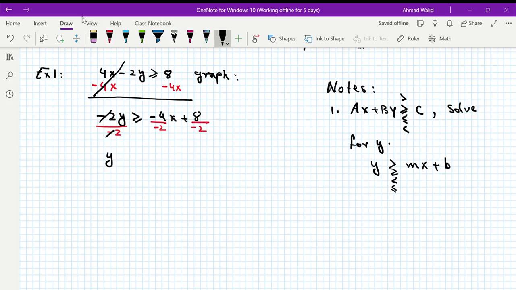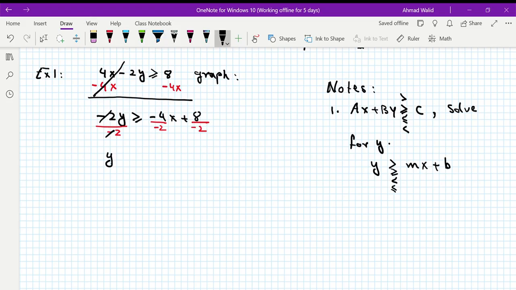Some of you are really good. You may remember that every time we divide or multiply an inequality with a negative number, you have to switch or flip the symbol of the inequality, correct?